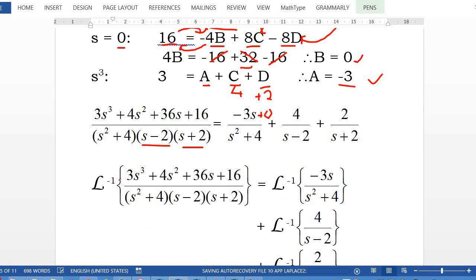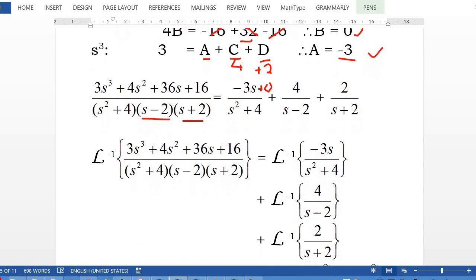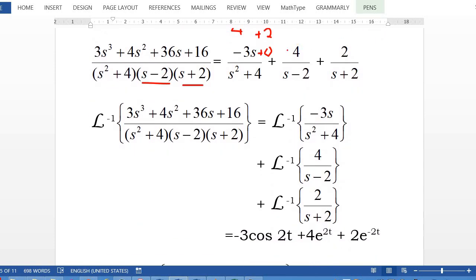Hence, the inverse Laplace of 3s cubed plus 4s squared plus 36s plus 16 over s squared plus 4 times s minus 2 times s plus 2 will be equal to the inverse Laplace of negative 3s over s squared plus 4, plus the inverse Laplace of 4 over s minus 2, plus the inverse Laplace of 2 over s plus 2.